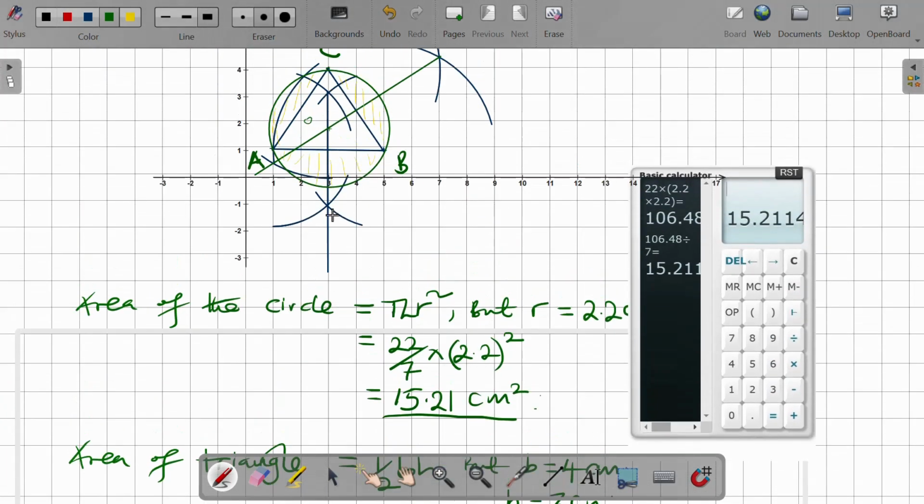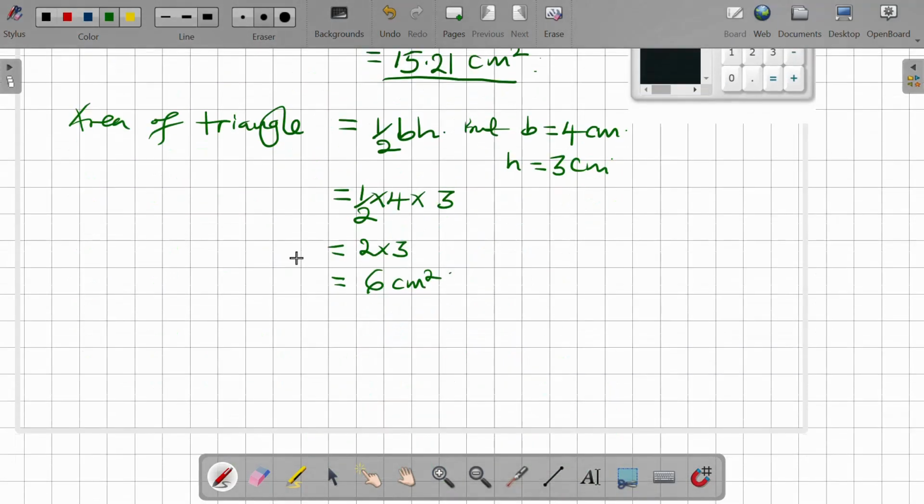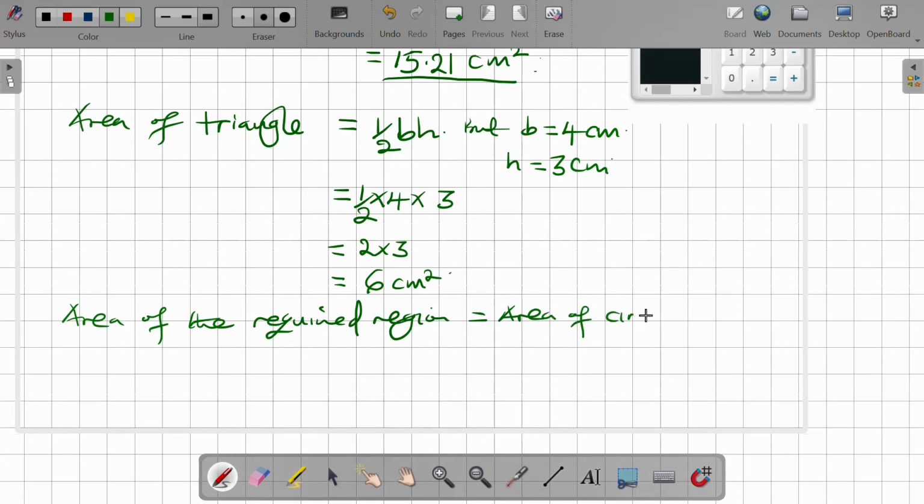Now to get the area of this shaded region, we're just going to take a difference. So area of the required region, we are going to have the area of the circle minus area of triangle. So we are going to have 15.21 minus 6.